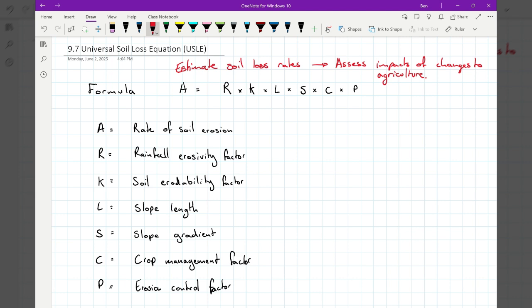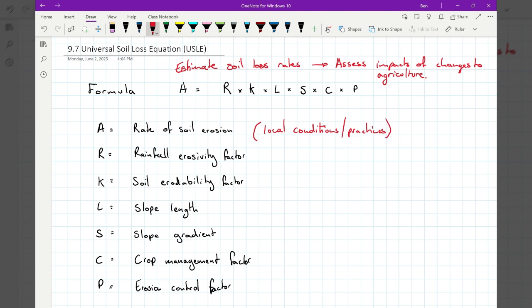The first one is A, which is what we're trying to calculate, and that is the rate of soil erosion. So how quickly local conditions and practices affect erosion.